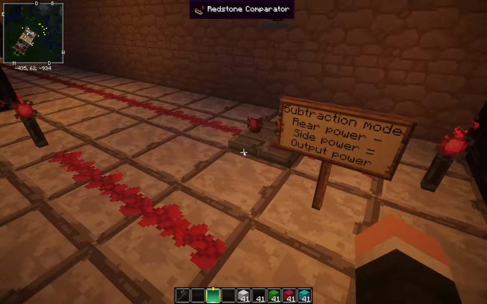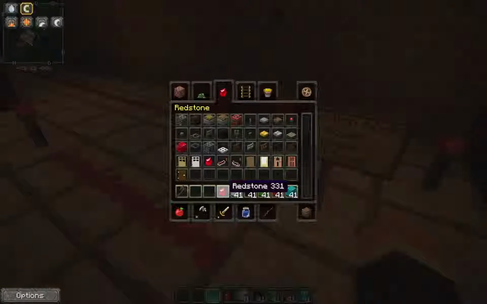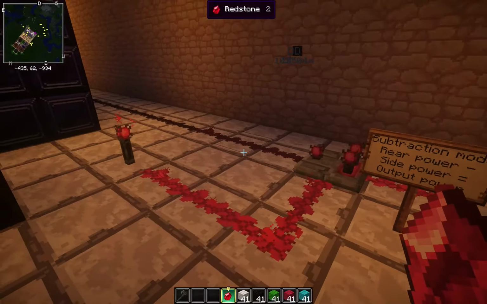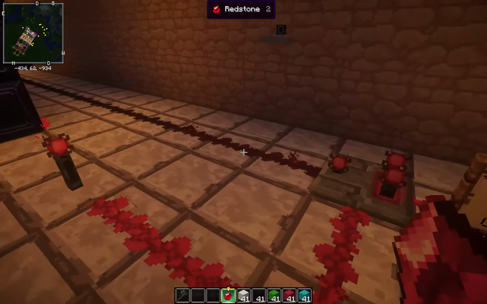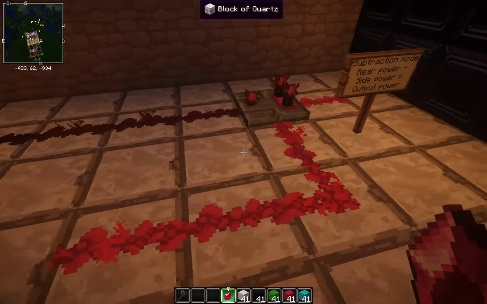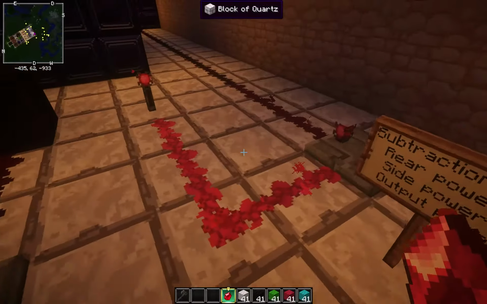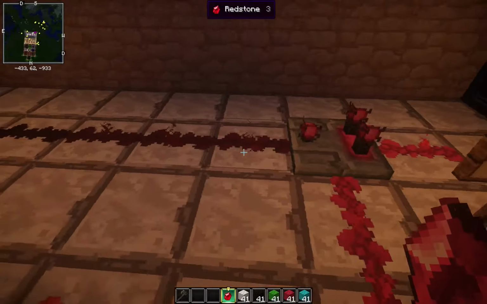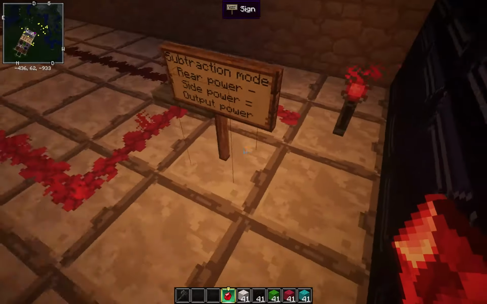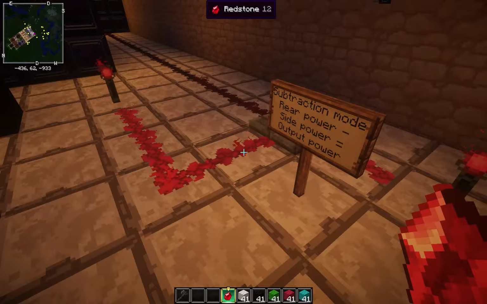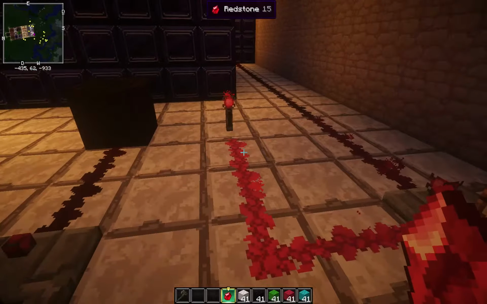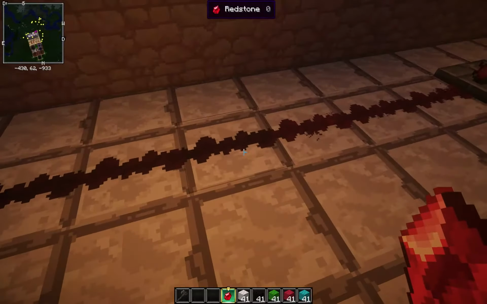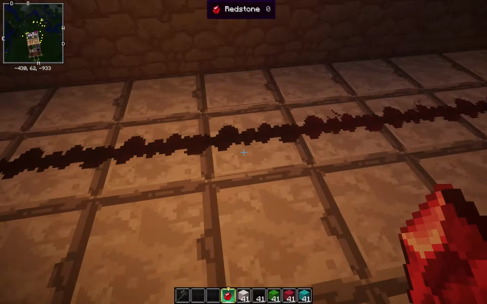Alright, so what happens when we connect this up? So we see we still have power, and we're going to say what is left over. We have 15 power minus this much, which is 15 minus 4, which is 11. So we should have 4. But you'll notice there's actually one missing.